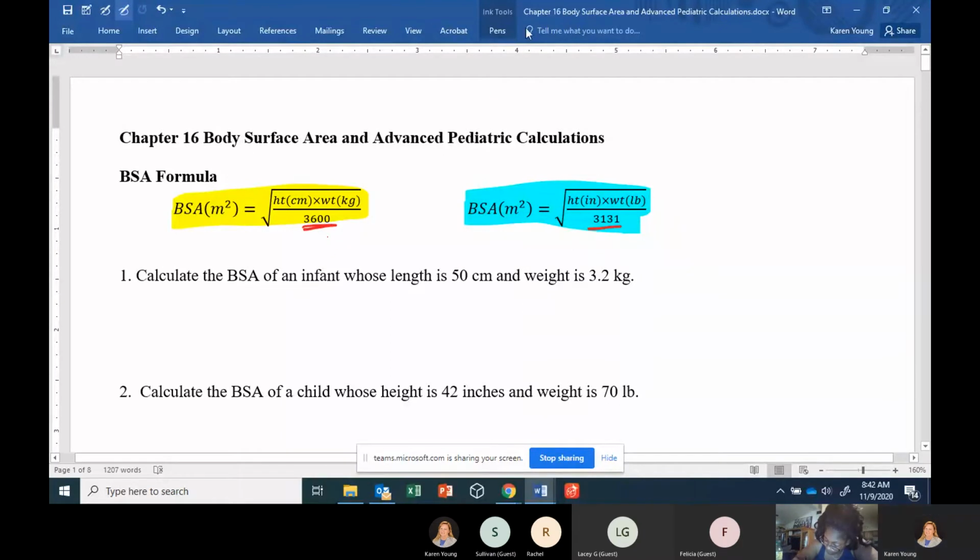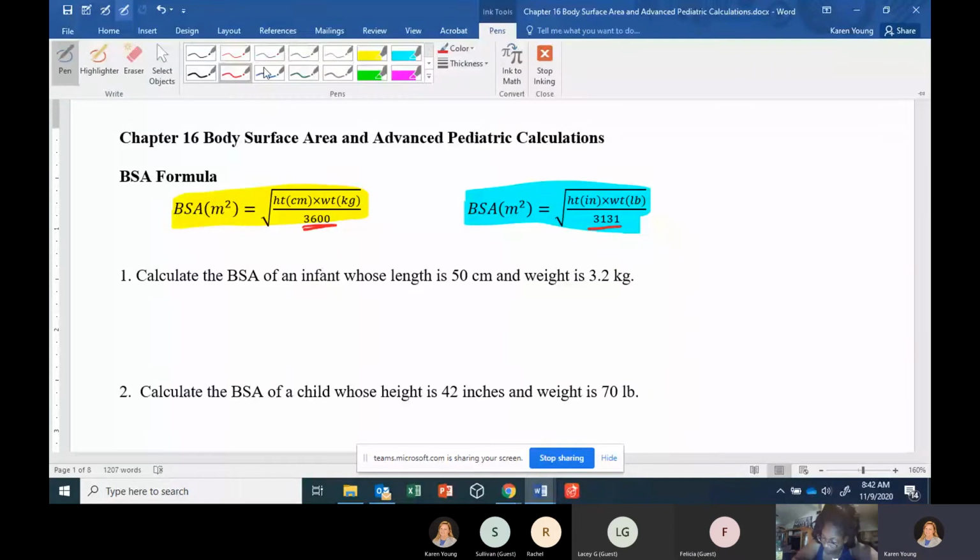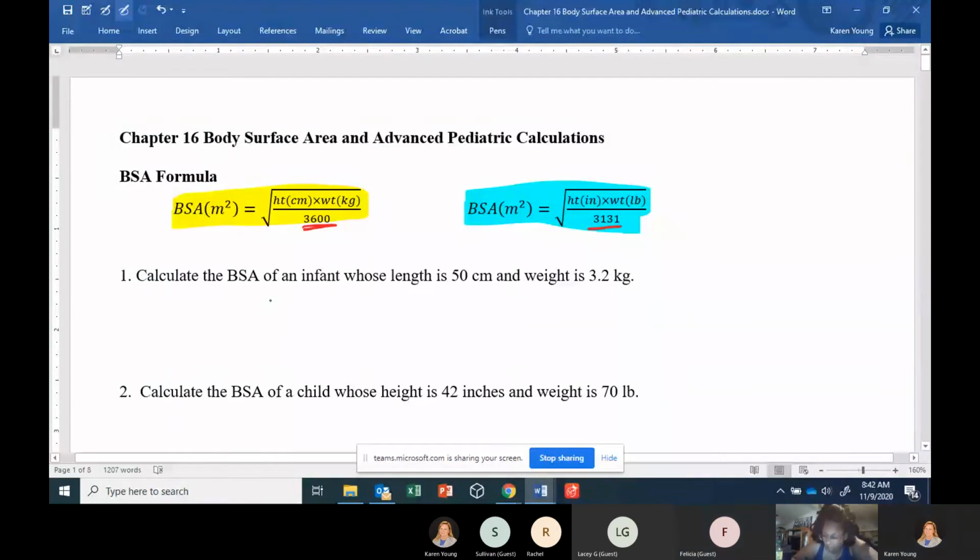So to look at these, the first thing you're going to do is look at your problem. It says calculate the BSA of an infant. The first couple of problems is just calculating the BSA, whose length is 50 centimeters and the weight is 3.2 kilograms. So that means that I'm using the BSA that uses centimeters and kilograms.